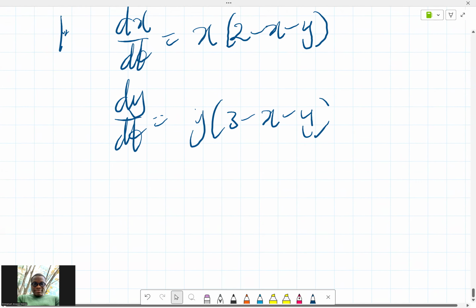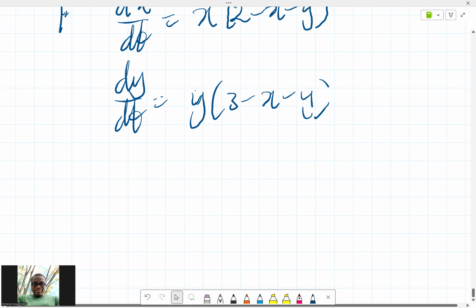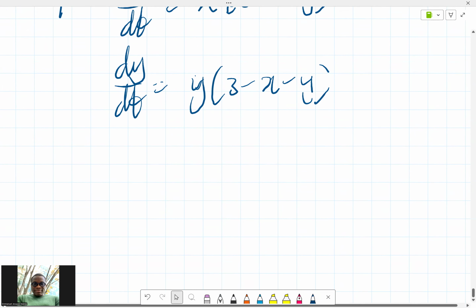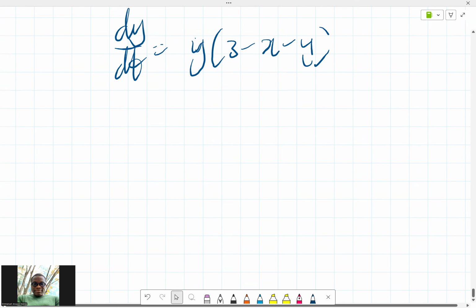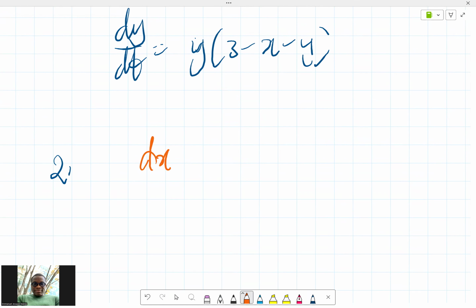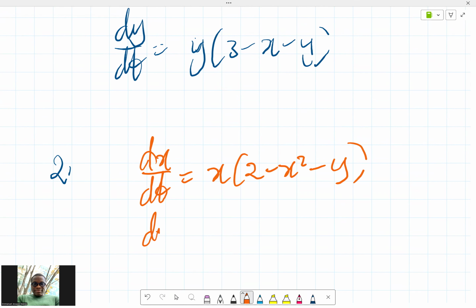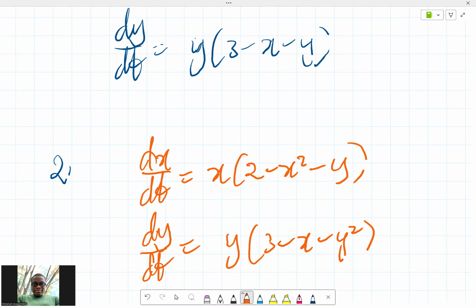Number 2: dx/dt equals x into 2 minus x squared minus y, and dy/dt is equal to y into 3 minus x minus y squared.